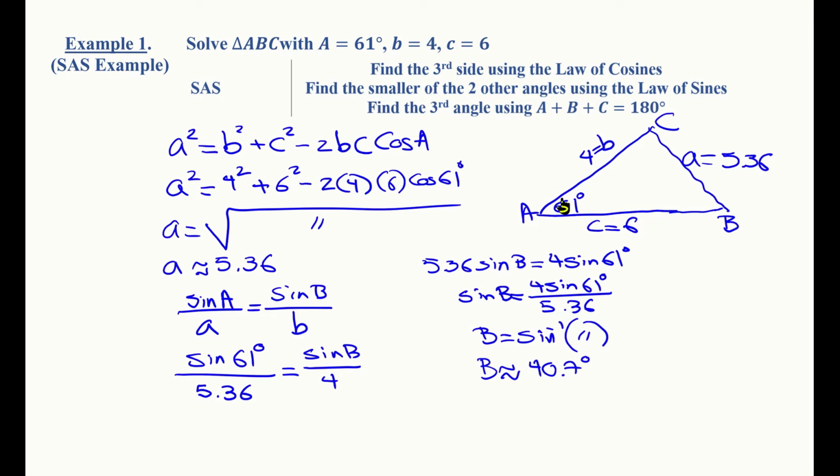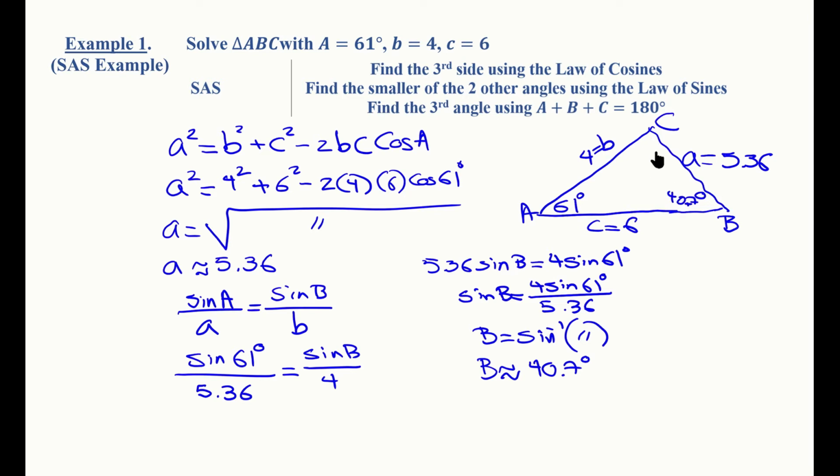Okay, so we now have angle B. It's kind of good to keep track of it on your sketch. That way you know exactly what it is that remains to be found, and we can see the only thing left is angle C. For that, of course, we don't need to use the law of sines or cosines anymore.